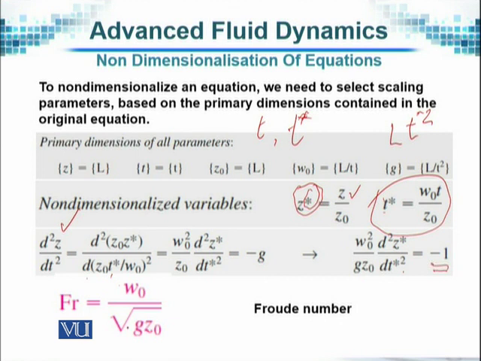And so we take the square root here of this. Now this Froude number is used a lot in problems that deal with open channel flow and that kind of situation. And it has been named after the researcher who first used it, Froude.